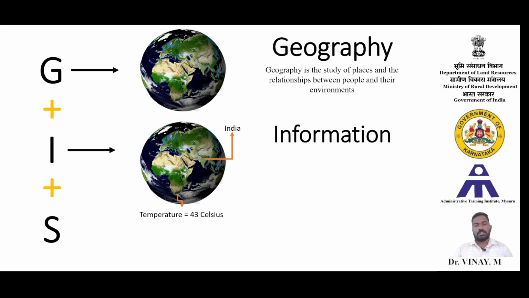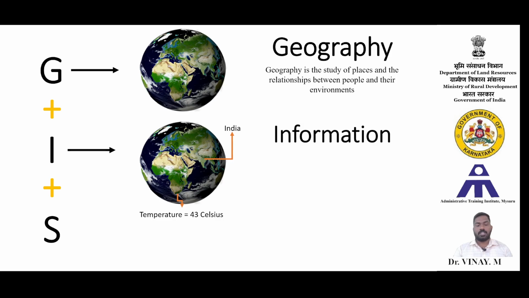The boundary and the demarcation, everything comes under the geographical context, where it contains the area, length, all the geographical measurements. And whatever measurements we make with respect to a particular location, that location might have some information, like attributes, at that location. In this case, we say it is India.